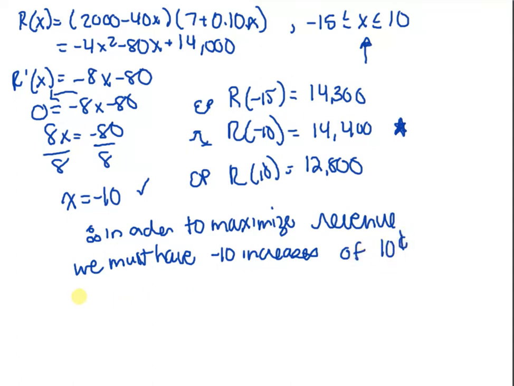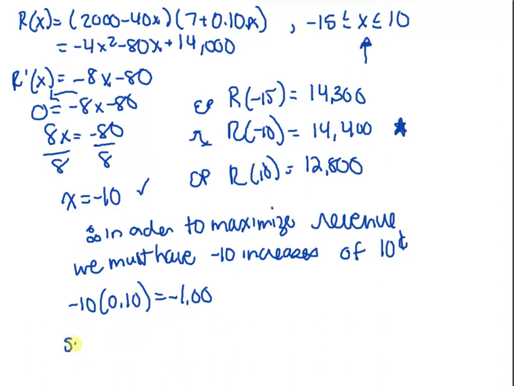What this means is we take the negative 10, multiply by 10 cents, and we get negative $1. So it's actually a decrease of $1.